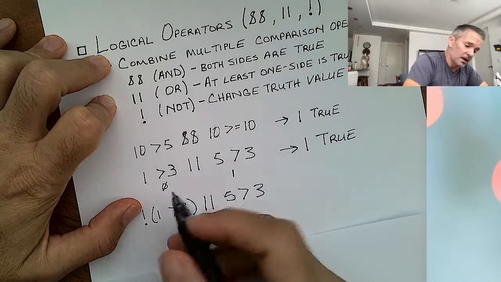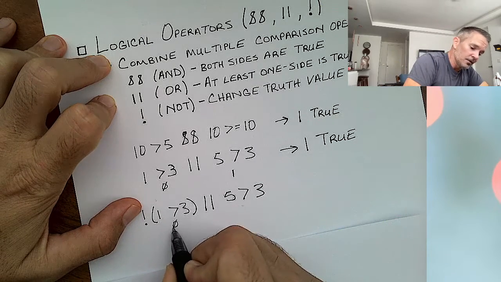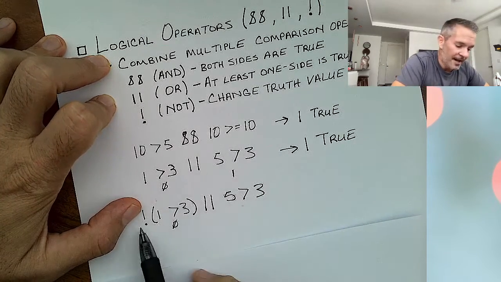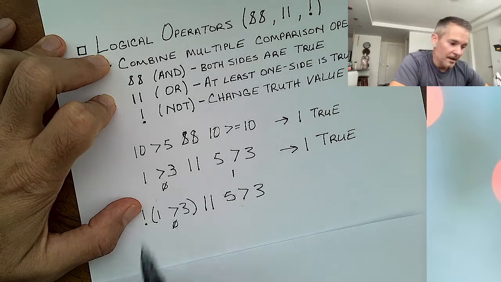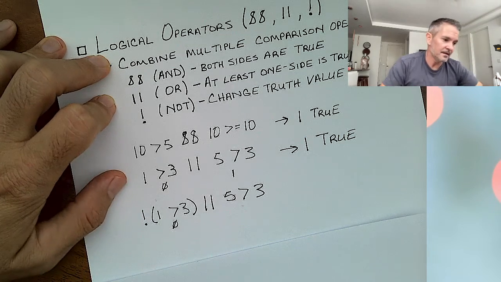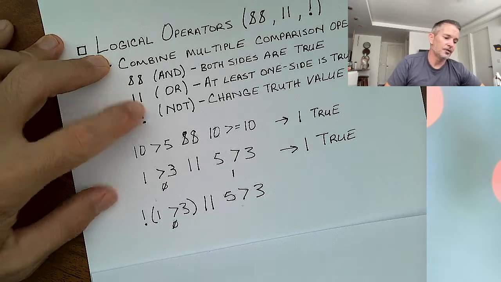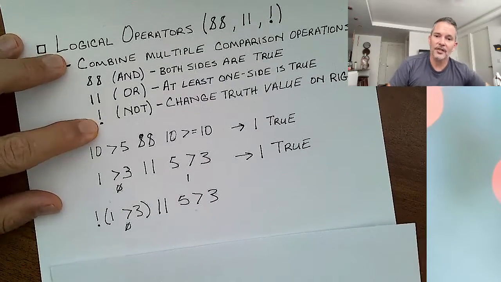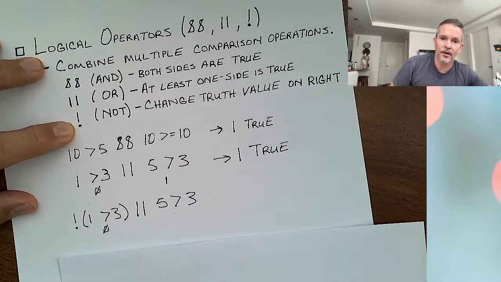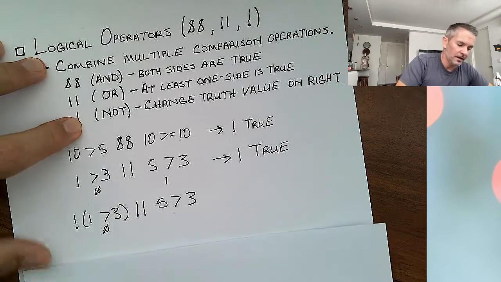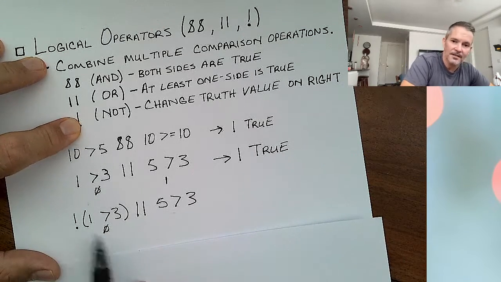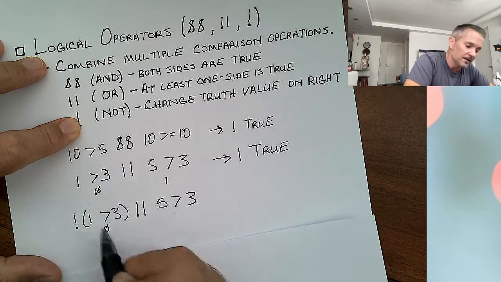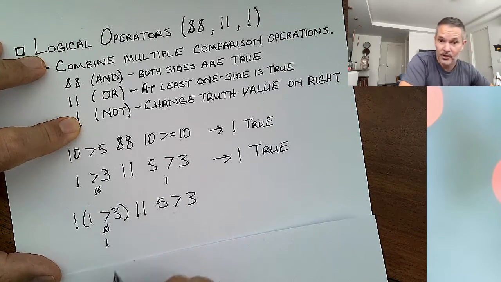It's not, so I'm going to get the value 0. But then I apply the not operator. The not operator means, basically, that you want to change the truth value of whatever appears on the right. So I say not 0 is 1. I just switch the truth value.